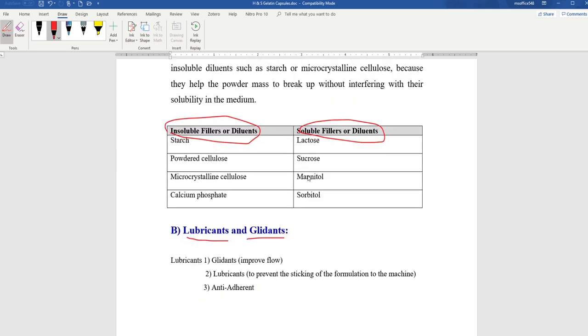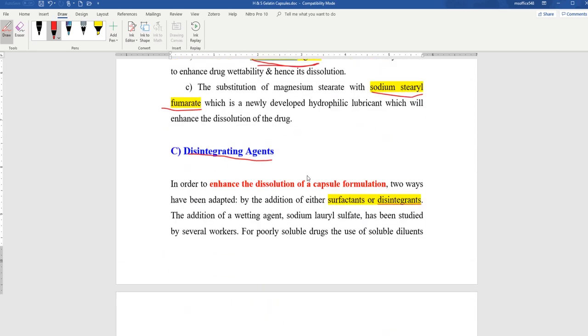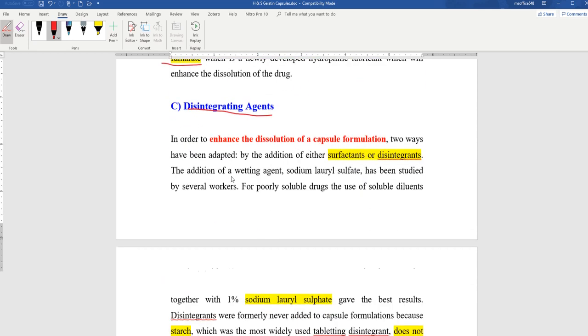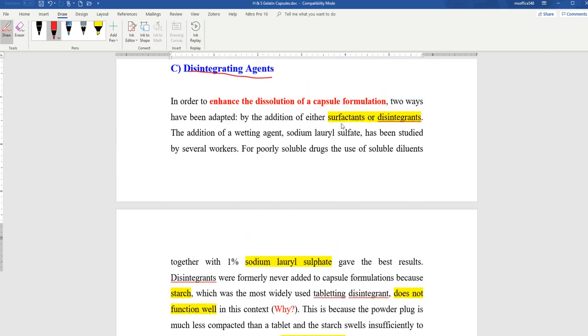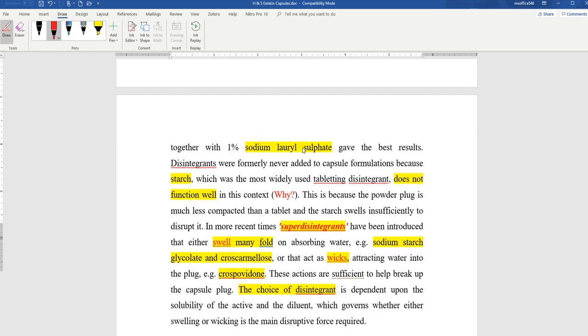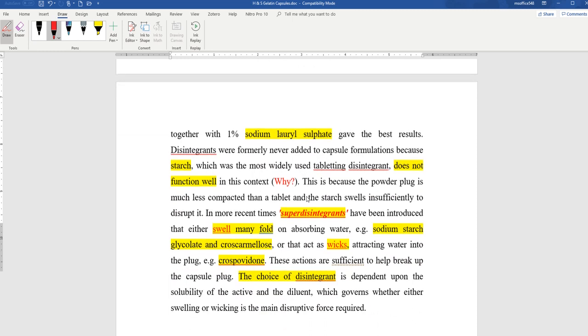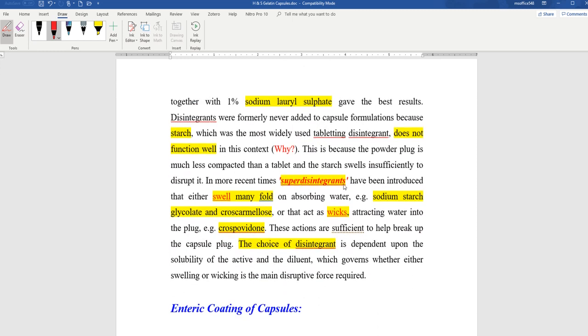So let's go back to the disintegrating agent. Of course, I can add surfactant, but surfactants are to enhance wetting and therefore dissolution. The disintegrating agent is to help in the breaking up of plugs. So I have super disintegrants.